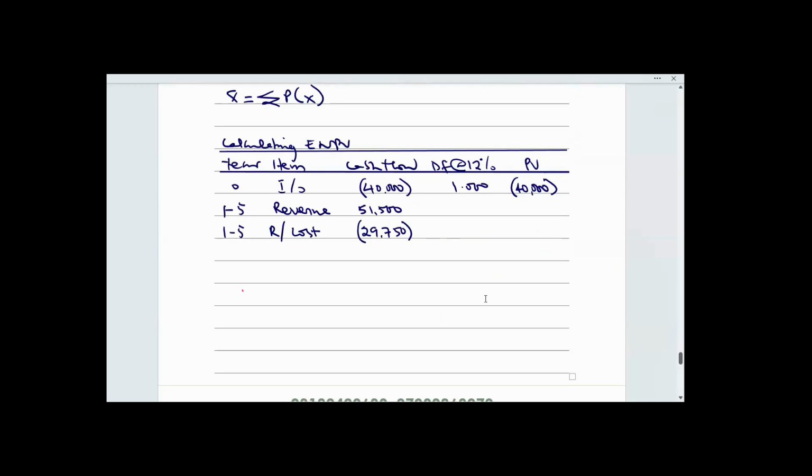So we need to calculate the annuity factor of year 1 to 5 at 12%.